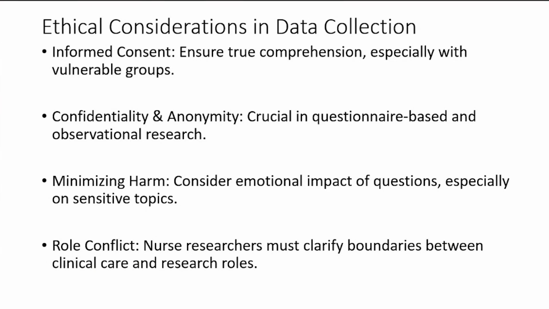So at most times you can explain all those things in your study. Informed consent: how do you check that? Anonymity and confidentiality: how do you ensure that? Then how do you minimize harm to your respondent or participant? You understand?